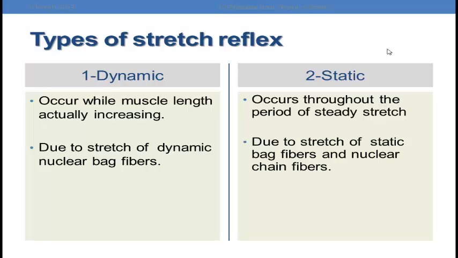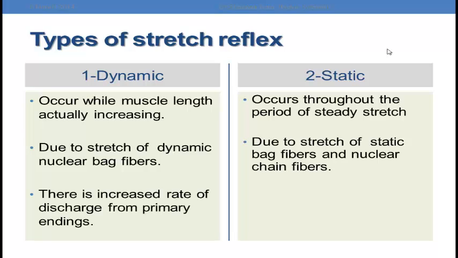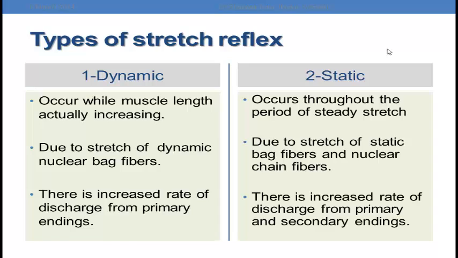So you have to know that we have two types of nuclear bag fibers, dynamic nuclear bag fibers and static nuclear bag fibers. In dynamic stretch reflex, there is an increased rate of discharge from the primary ending, but for static stretch reflex, there is an increased rate of discharge from both primary and secondary endings.